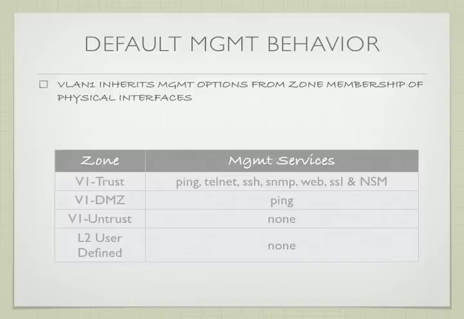So if the traffic is coming in an interface that's assigned to the V1 DMZ zone, all it can do is ping. If it's coming in through an interface that's assigned to the V1 Untrust zone, it has no access to management services. When you create a user-defined zone in transparent mode, you have to go into the zone configuration and choose which, if any, of these services you want to allow to come to the VLAN 1 interface.